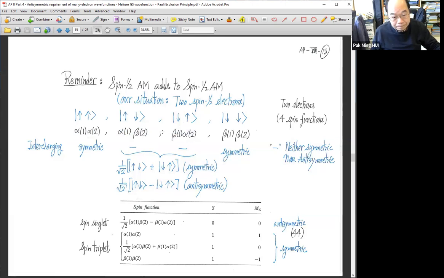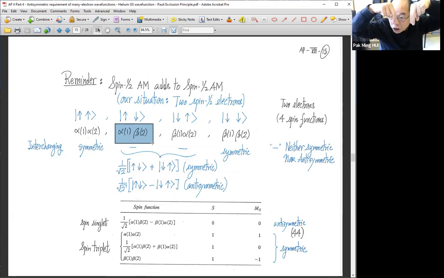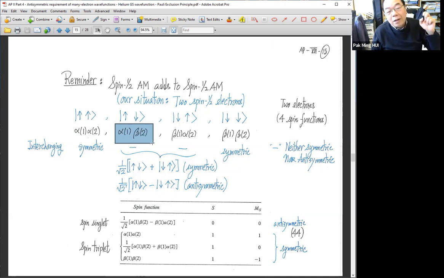Point number 1. Look at this. If I interchange 1 and 2, the two electrons, alpha 1, beta 2 becomes alpha 2, beta 1. Before switching, alpha 1, beta 2; after switching, alpha 2, beta 1 has nothing to do with each other. It's not symmetric.